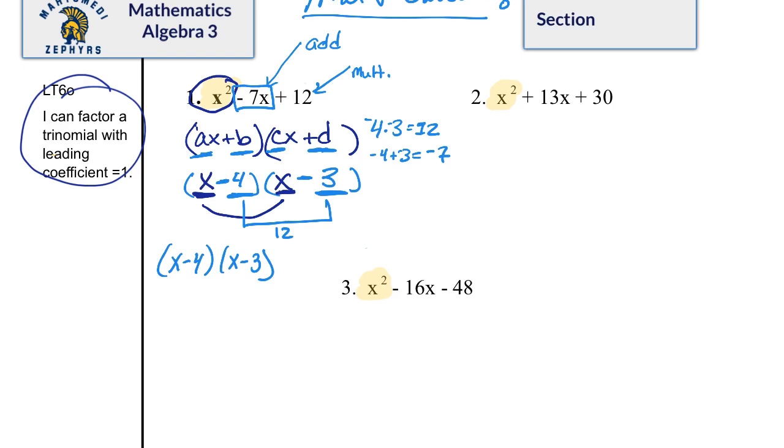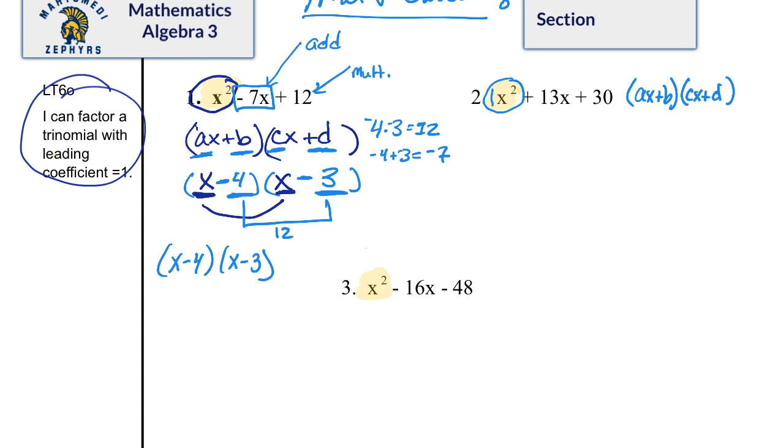All right, problem number 2. Again, this is a trinomial, 3 terms, with our leading coefficient, which is really just a 1. We are trying to put this into the form of ax plus b times another binomial, cx plus d.